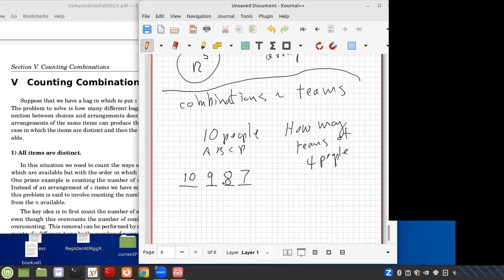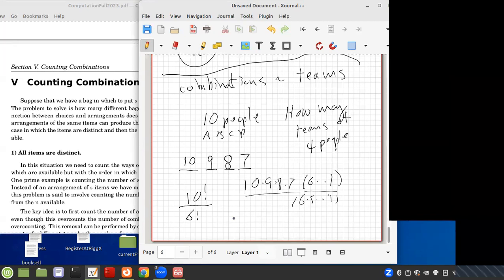The number of sequences is 10 times 9 times 8 times 7. Then we add in the 6 times 5 times 4 down to 1, and that's going to equal 10 factorial over 6 factorial, okay? That's the number of sequences or arrangements.